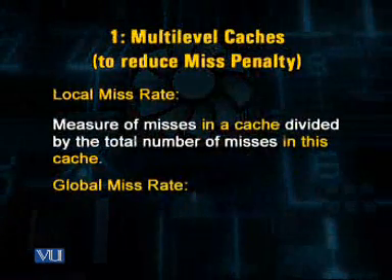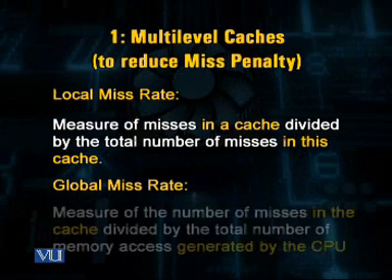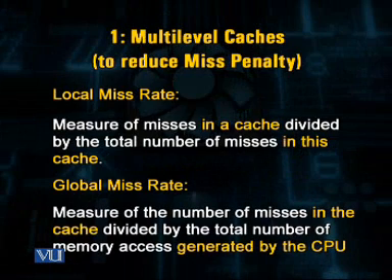So this shows that the miss rate of the level 1 cache or the miss rate of the level 2 cache is defined as the local miss rate, whereas the global miss rate is the measure of the number of misses in the cache divided by the total number of memory accesses generated by the CPU.